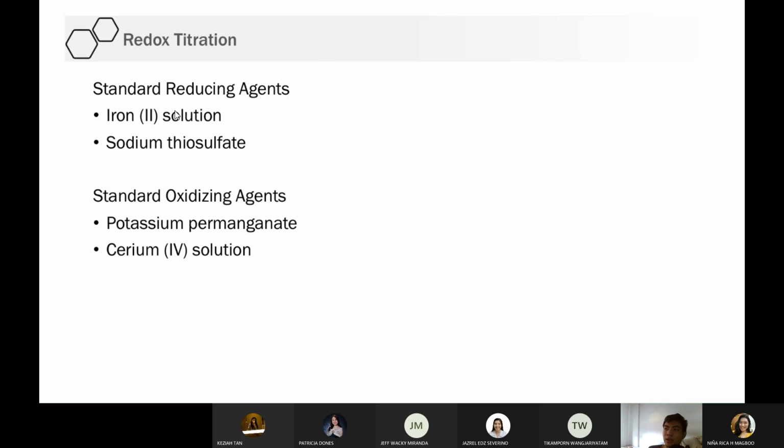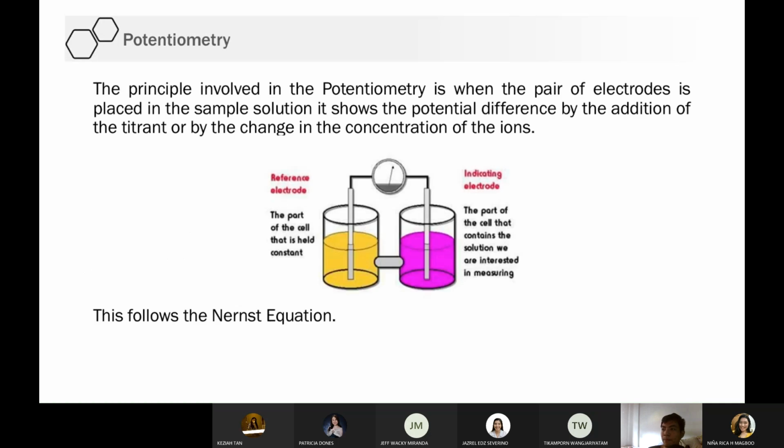So again, these are the preferred titrants in redox titration. Similar with acid and base titration, there are preferred titrants and the preparation is the same as the previous ones. Okay, so we're done with redox.